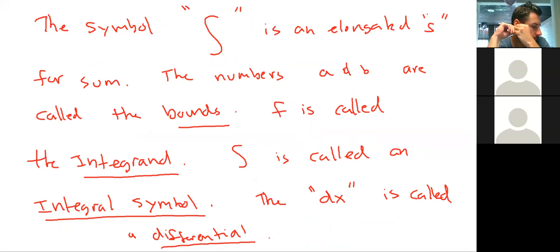Now, as I said, this number can be interpreted as an area. So let's think about that.